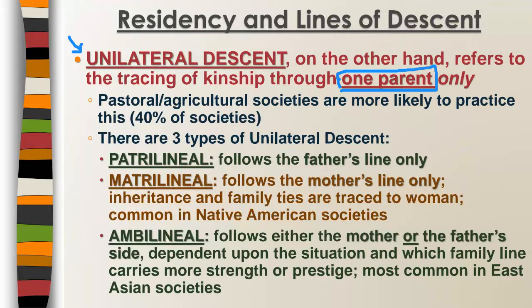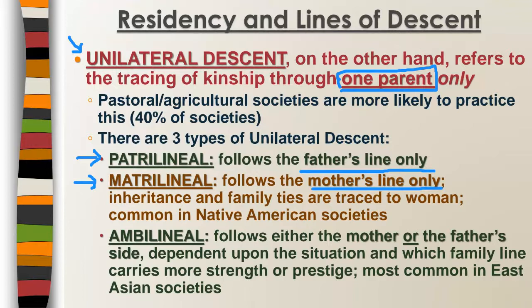The majority of those practice patrilineal descent, meaning you trace your family line through the father's side only. Some societies, if you watch the Mosuo video for chapter 12, the matriarchal society in China, are a matrilineal society, which only traces their family or their kinship lines through the mother's side.